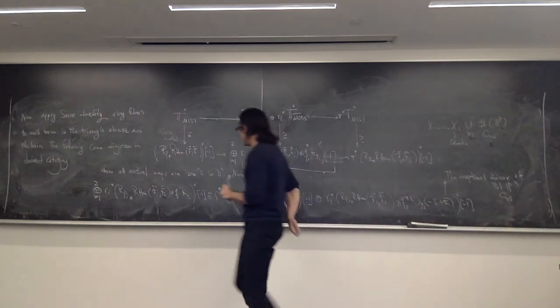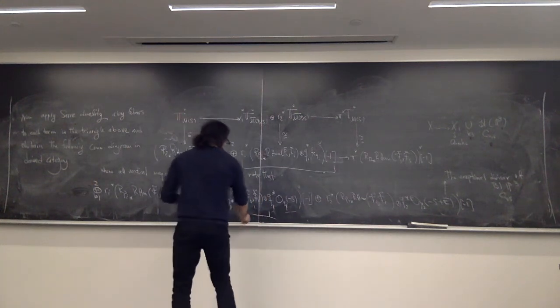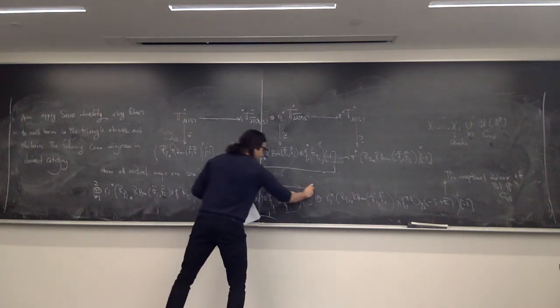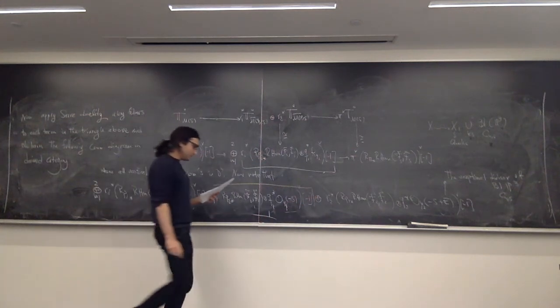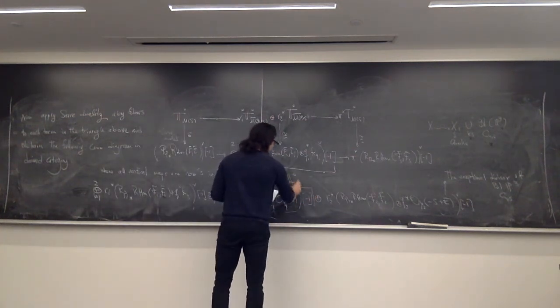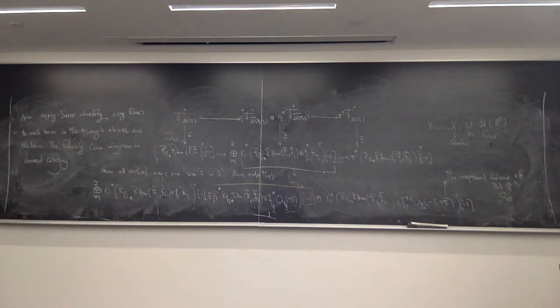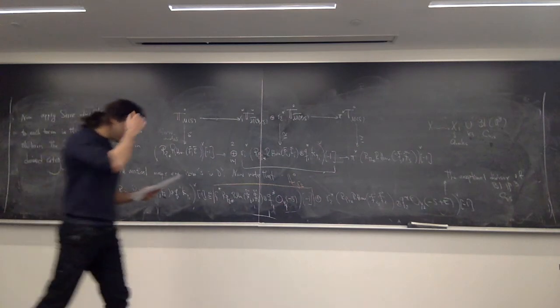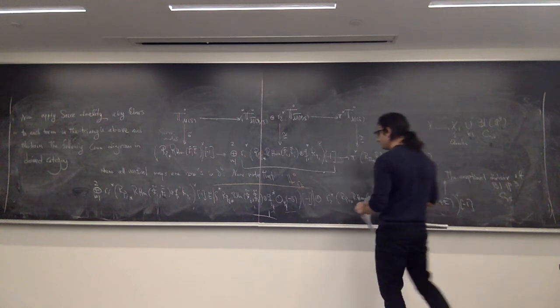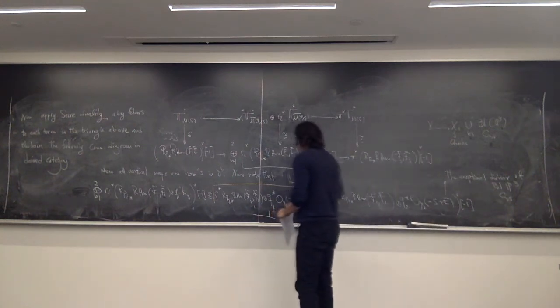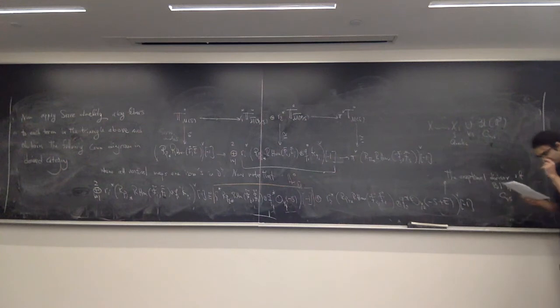Now, via this duality, we realize that this thing on the nose is just L dot of R2. On the nose. The L dot of R1. And plus this other term.